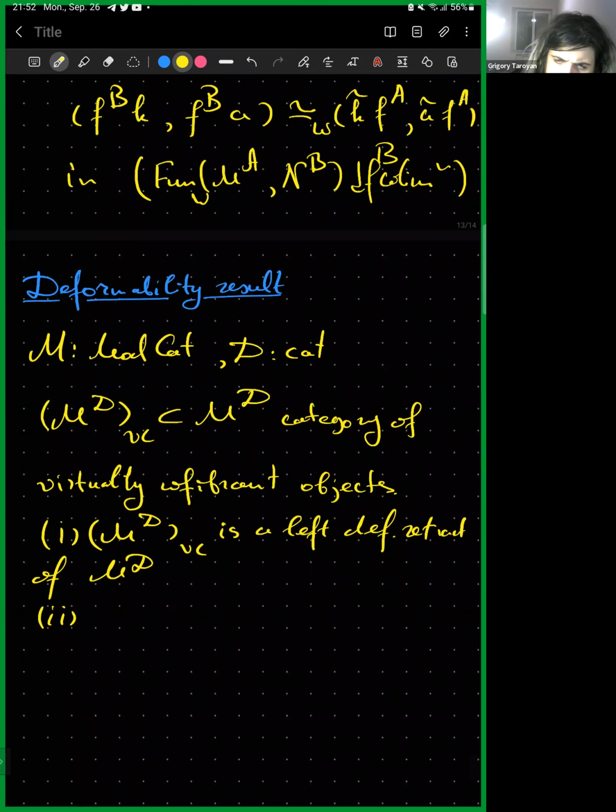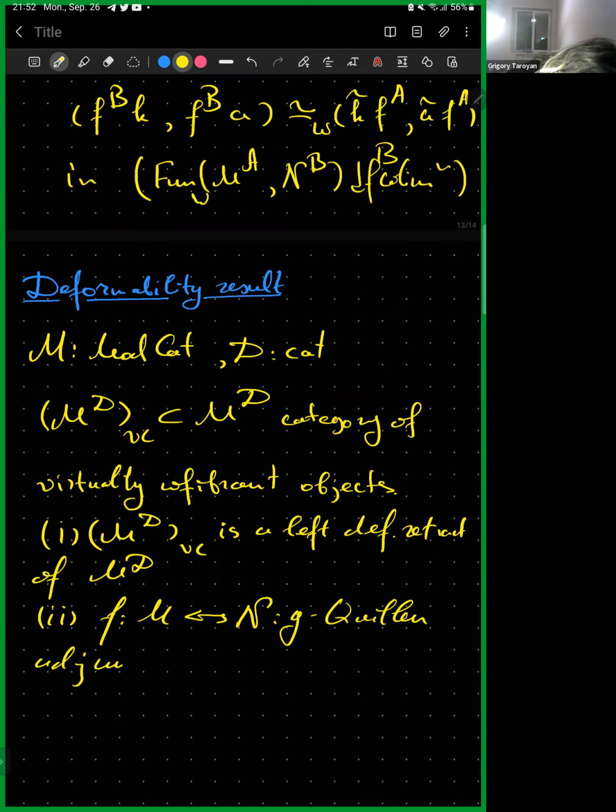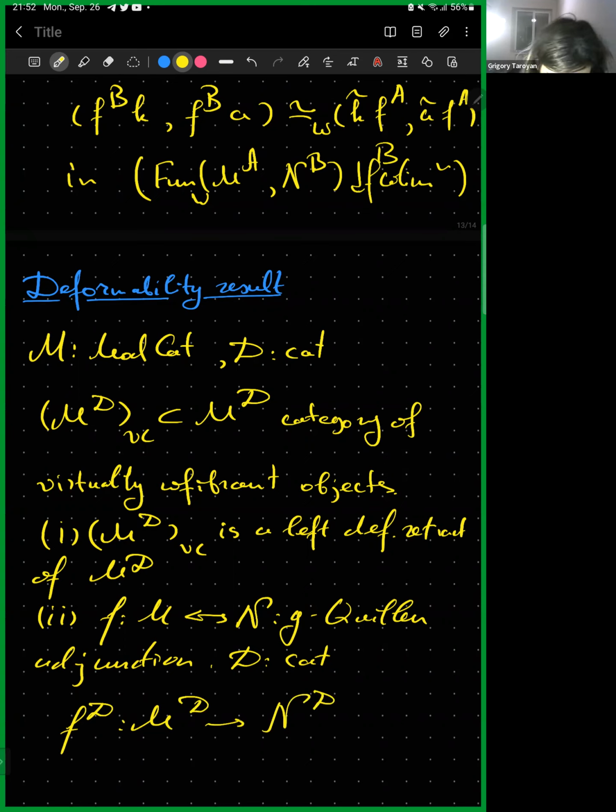And the second one is that if we have an equivalent adjunction, and we have some small category D, then we can consider the functor from the category of diagrams to another category of diagrams.